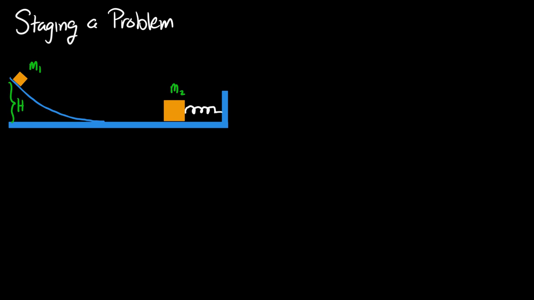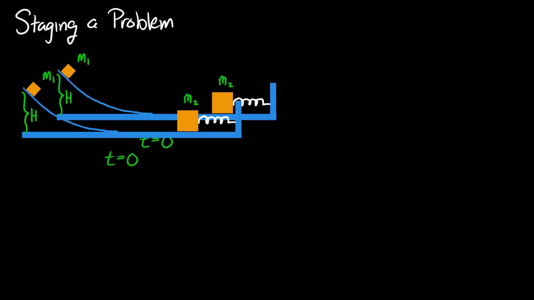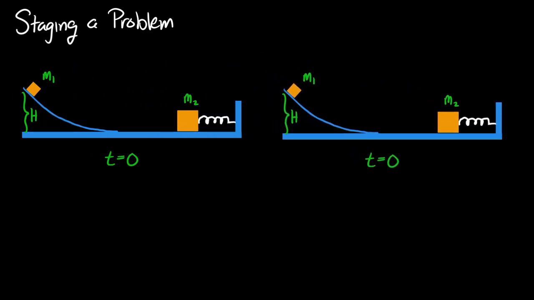All right, so this is what we see at time equals 0. Assume it is a frictionless system. Again, this is t equals 0. Then we have a different condition at the end.